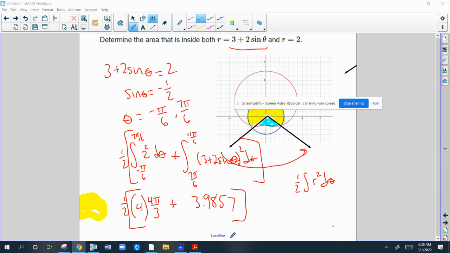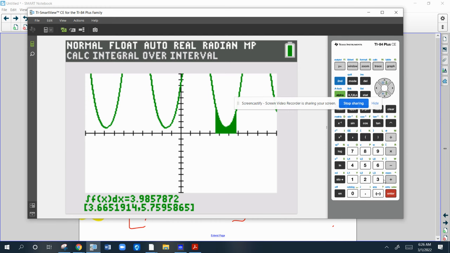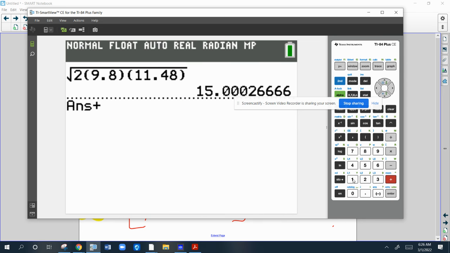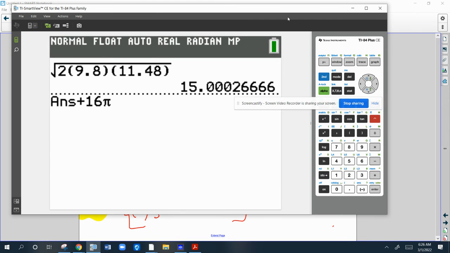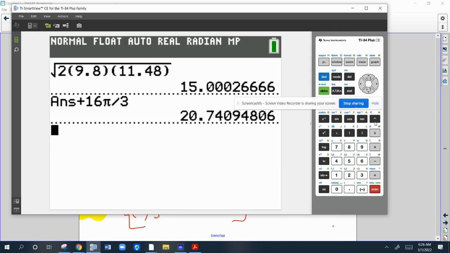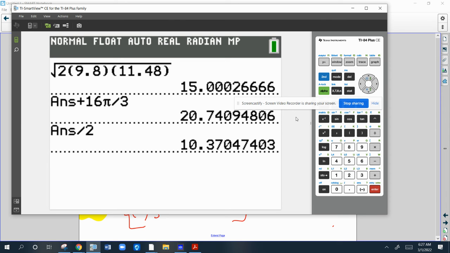I'm going to add 16 pi over 3, and then finally, I'm going to divide that answer by 2, or multiply by 1/2. And we get 10.370 is the area.